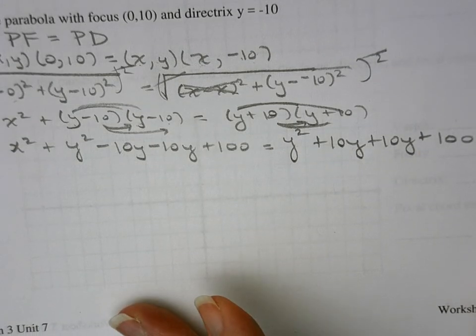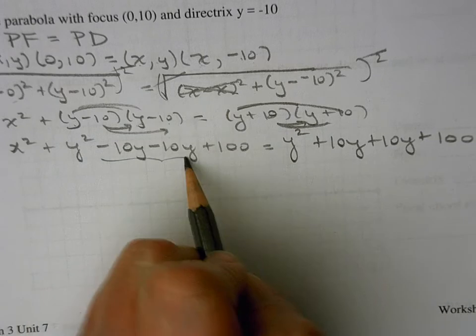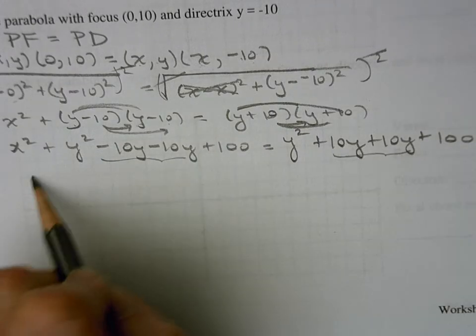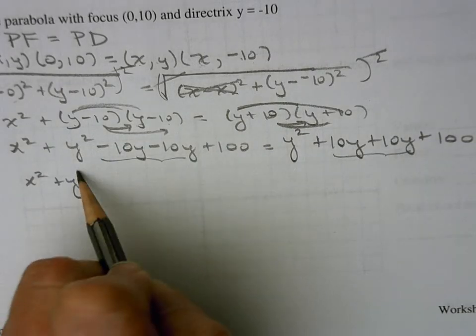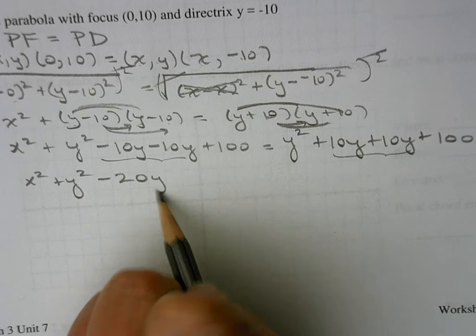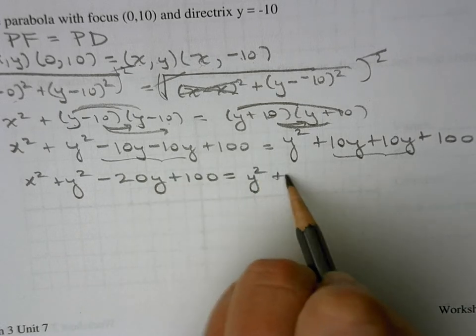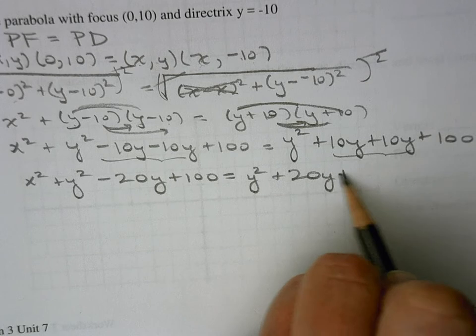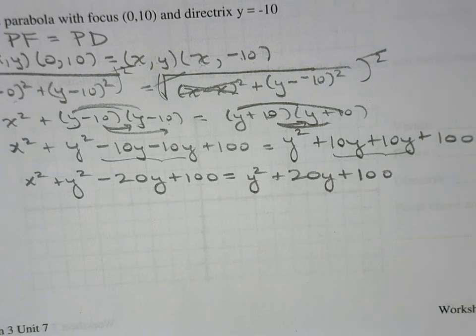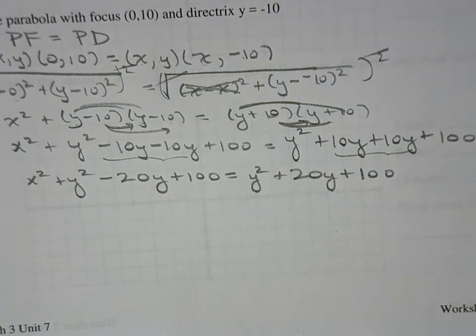Okay, and then I can combine my negative 10y's together and my positive 10y's. Alright, so then now I get to the point where I want to combine everything that will combine and cancel anything that will cancel.